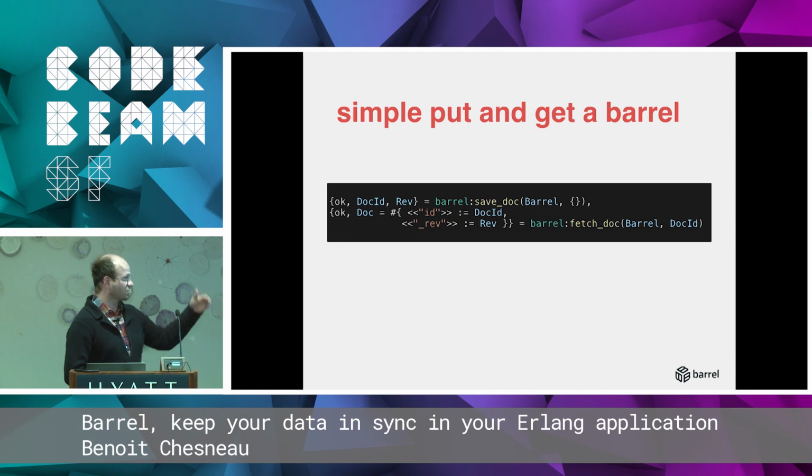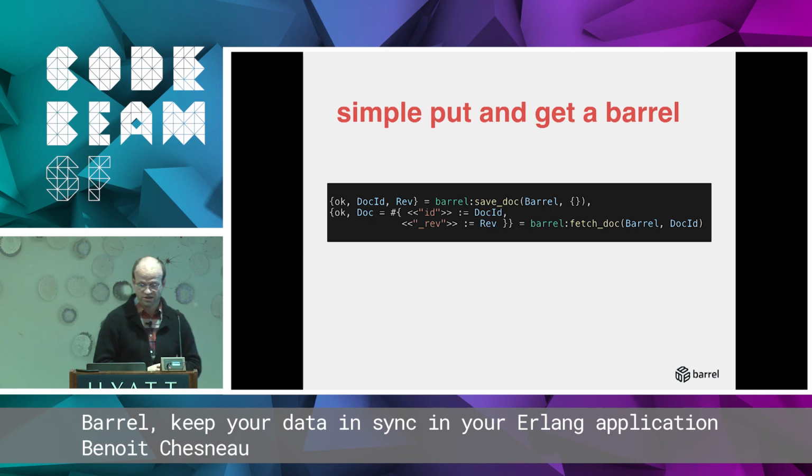But it's also here, like I said, because we are carrying a revision tree with each document. So when you put a revision on that document, it says basically who is the parent of that document, and then you can share that revision tree over the network, just like Git, but for documents.